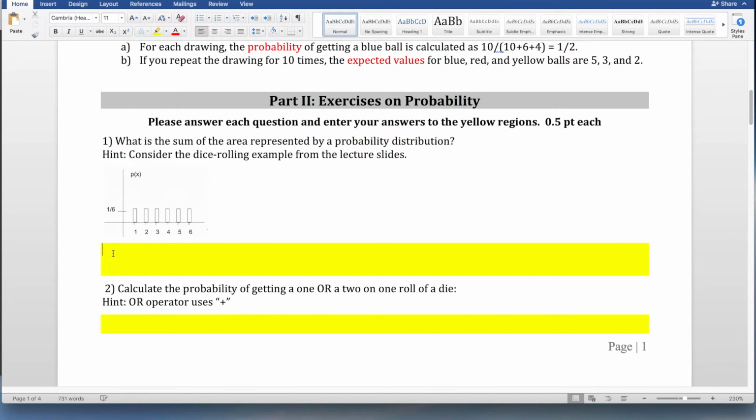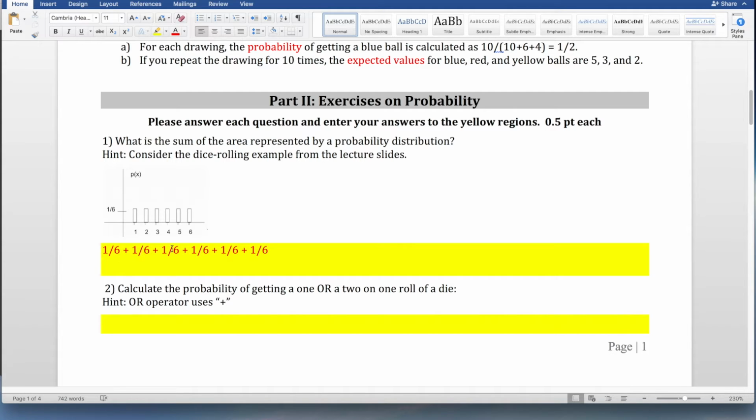So if we were to sum the area, we would do 1 over 6 plus 1 over 6 plus 1 over 6. So what we're doing is just adding 1/6 together 6 times.